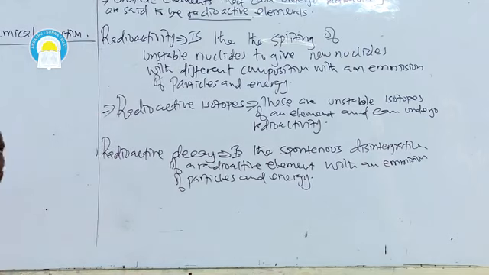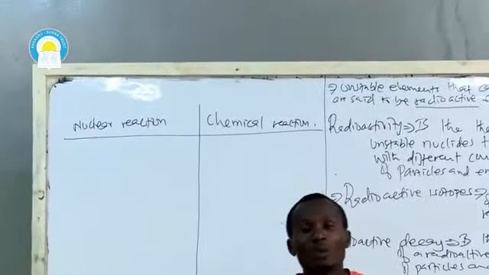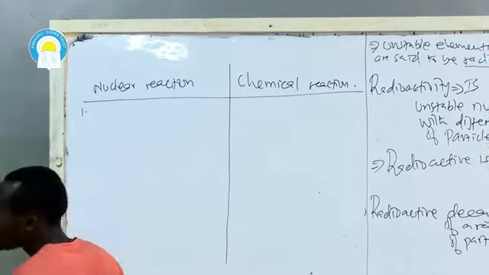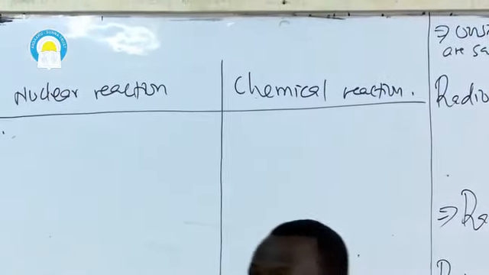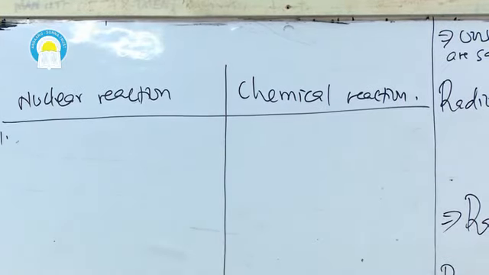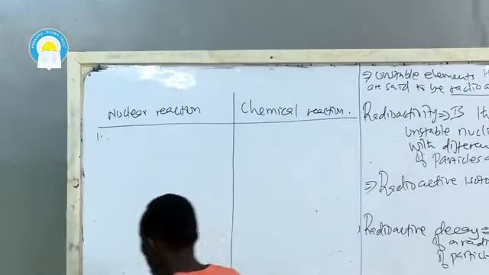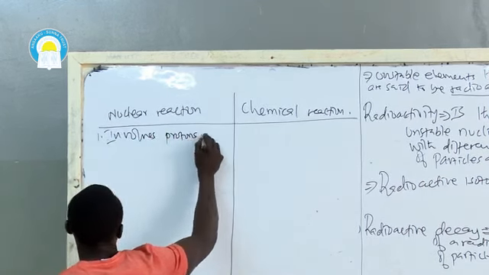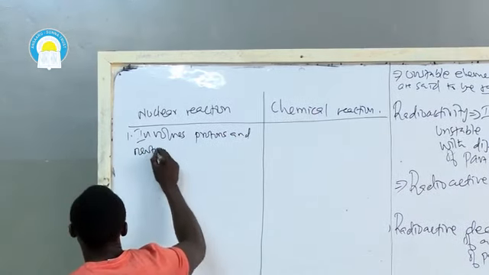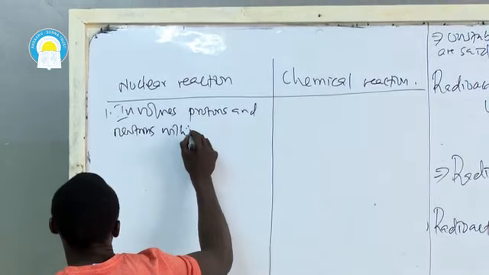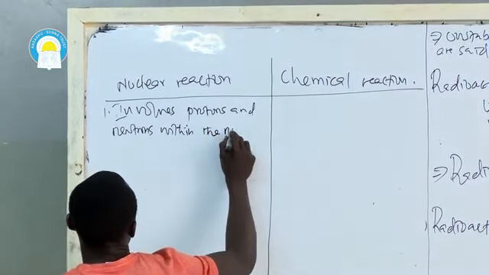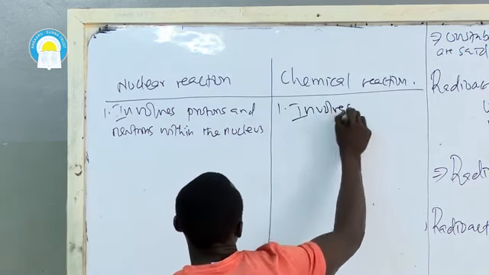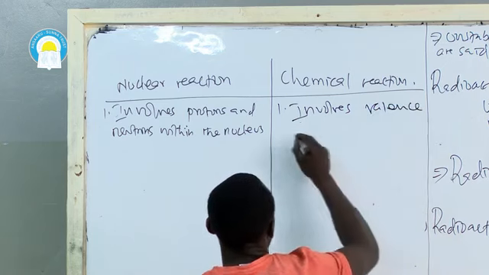One of the differences: a nuclear reaction involves the nucleus, where we have the protons and neutrons, so it involves protons and neutrons within the nucleus, while a chemical reaction involves valence electrons.